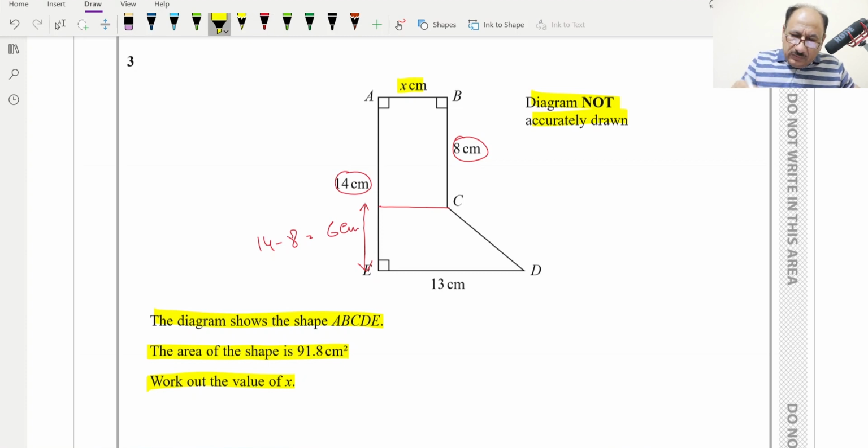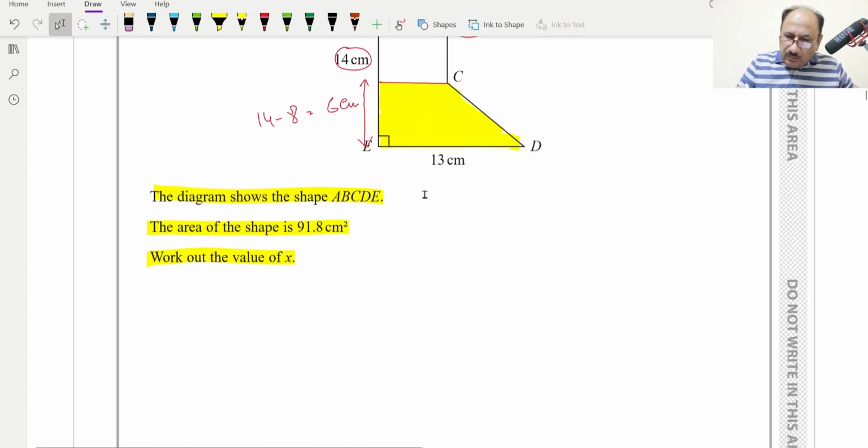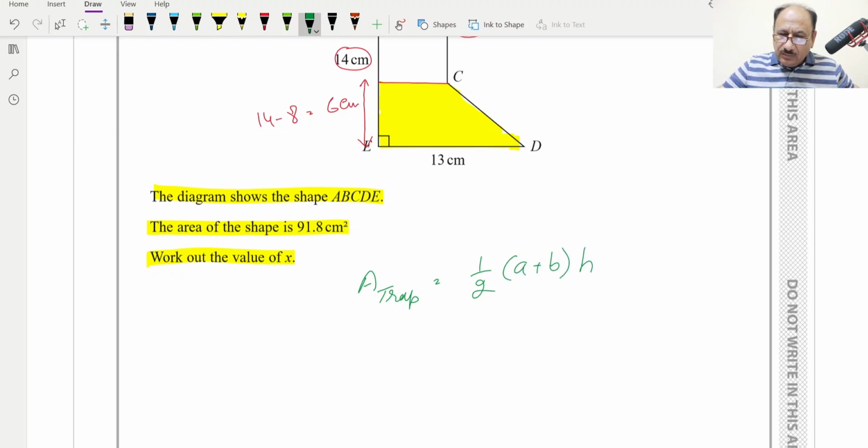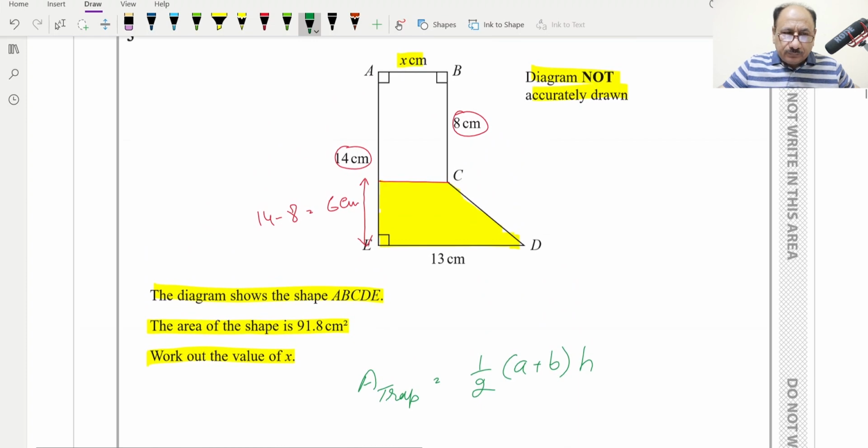Now this is a trapezium, so we can apply the area of trapezium formula over here. The area of trapezium will be equal to half into a plus b into h, where a and b are the opposite parallel sides.